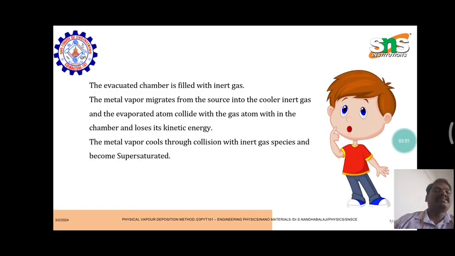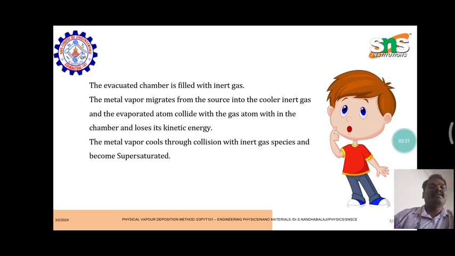The evacuated chamber is filled with inert gas. The metal vapor migrates from the source into the cold inert gas, and the evaporated atoms collide with the gas atoms within the chamber and lose their kinetic energy.